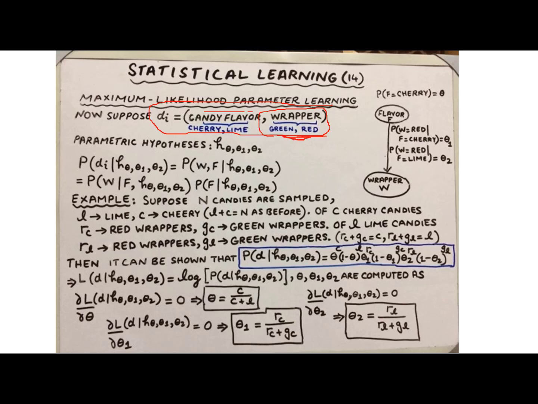And our job is to learn the hypothesis once again, but this time the hypothesis is slightly more complex because we now need to base our hypothesis not just on the candy flavor but also on the wrapper of the candy.